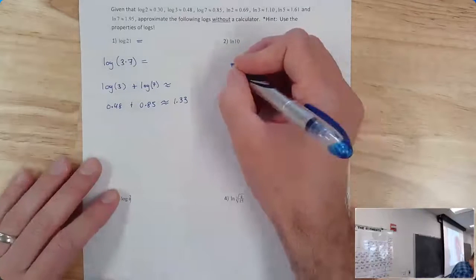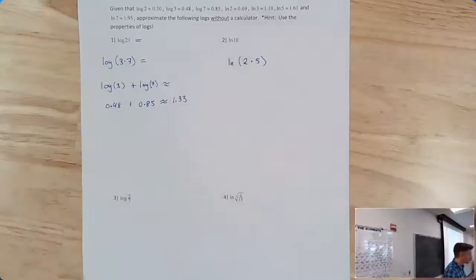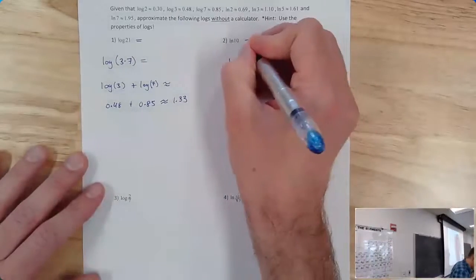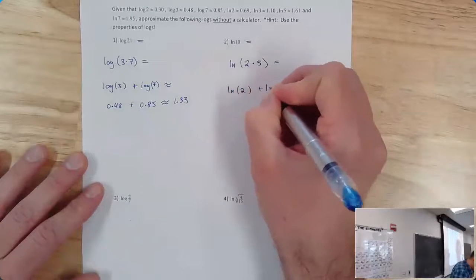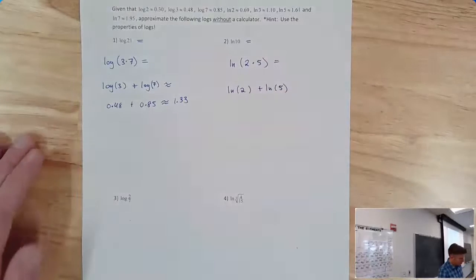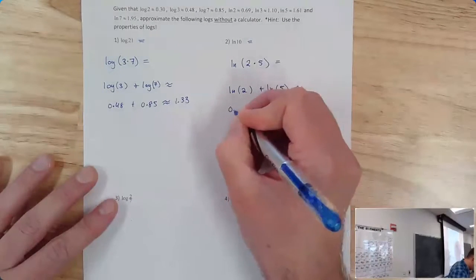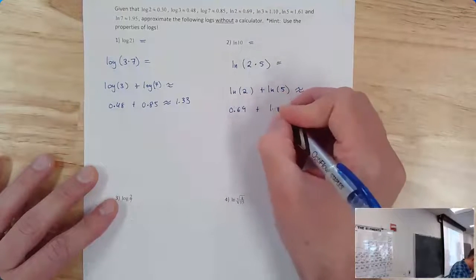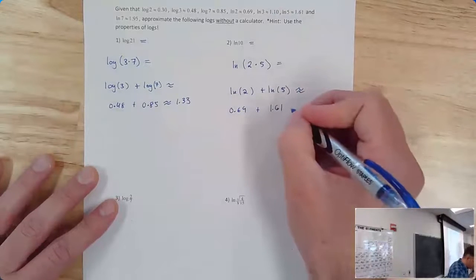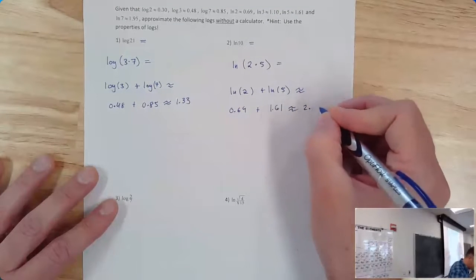Here, I'm going to think of natural log of 2 times 5, which is then going to be the natural log of 2 plus the natural log of 5. And that's approximately 0.69 plus 1.61, and those add up to 2.30 approximately.